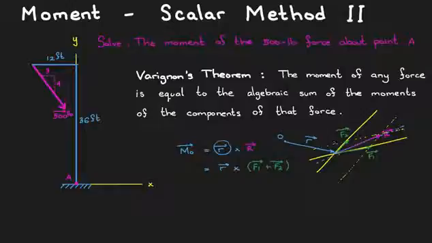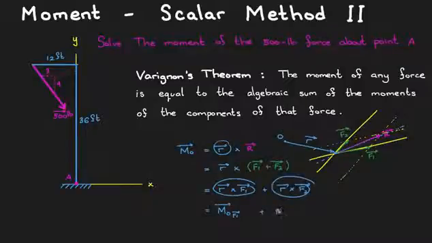According to the distributive property, this may then be expressed as r cross F1 plus r cross F2. r cross F1 is just the moment about point O of the component F1. r cross F2 is just the moment about point O of the component F2.